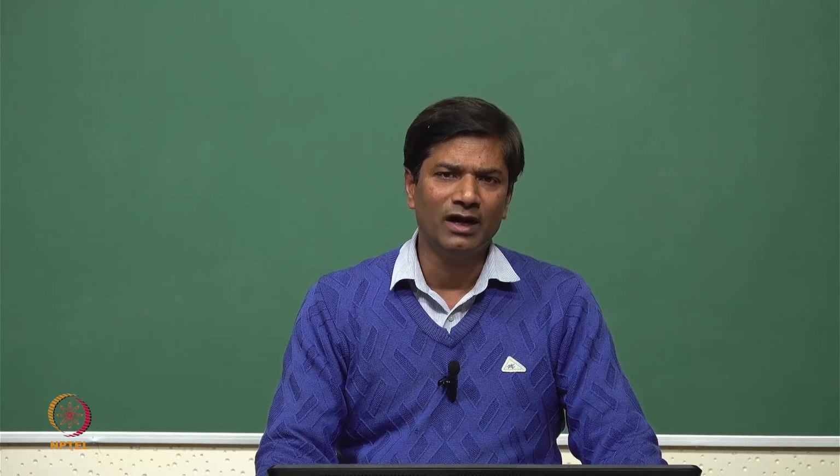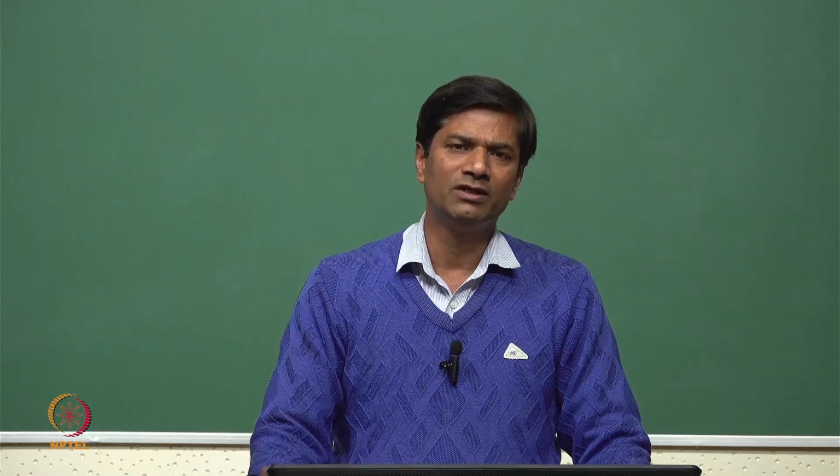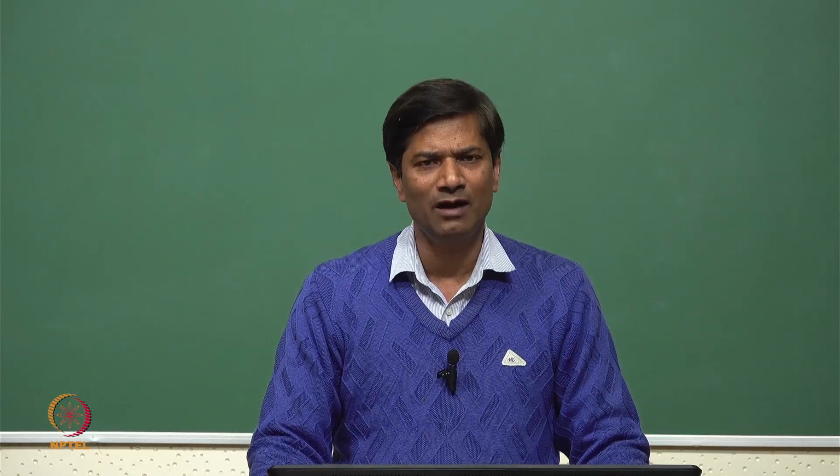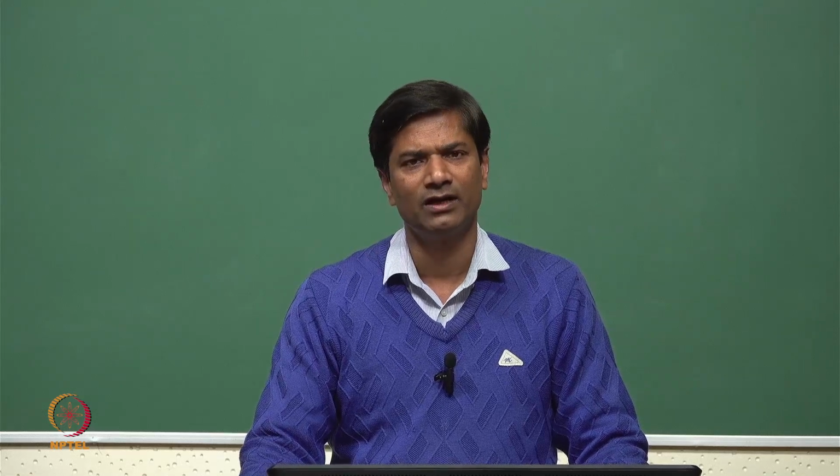For example, a specialist journal in the given subject area will have more articles, followed by the journals which publish a few articles related to that subject area, and that followed by those journals which have occasionally published articles related to that particular area. Most of the journals will have no article related to that particular subject.